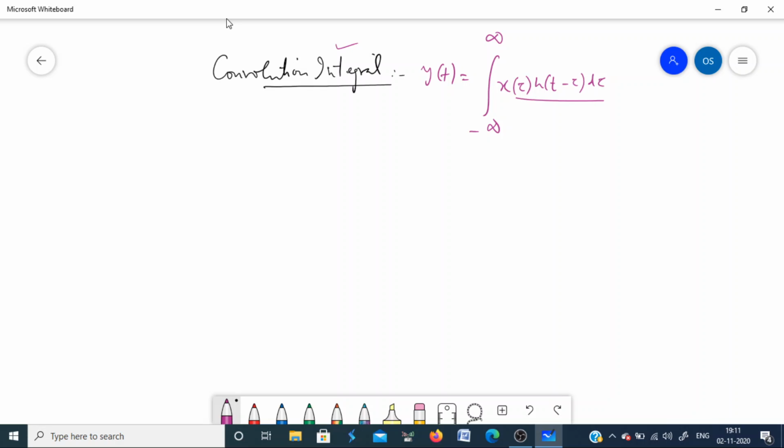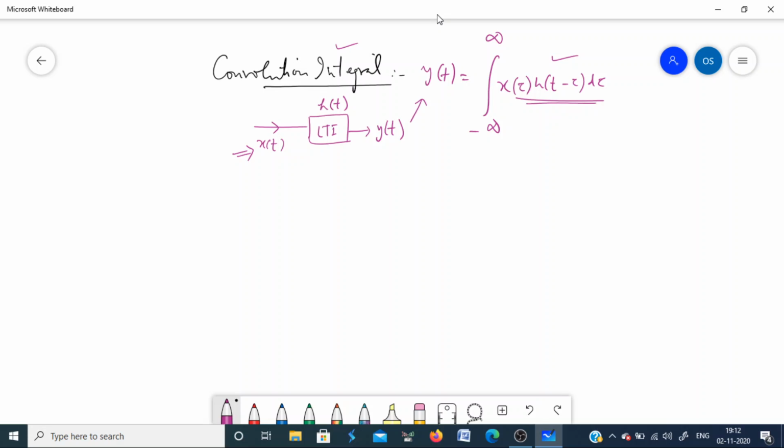This convolution basically gives you the response of a linear time invariant system to any input x(t). So if the system has an impulse response h(t), and you apply input x(t), your output y(t) is given by this integral, which is called the convolution integral.